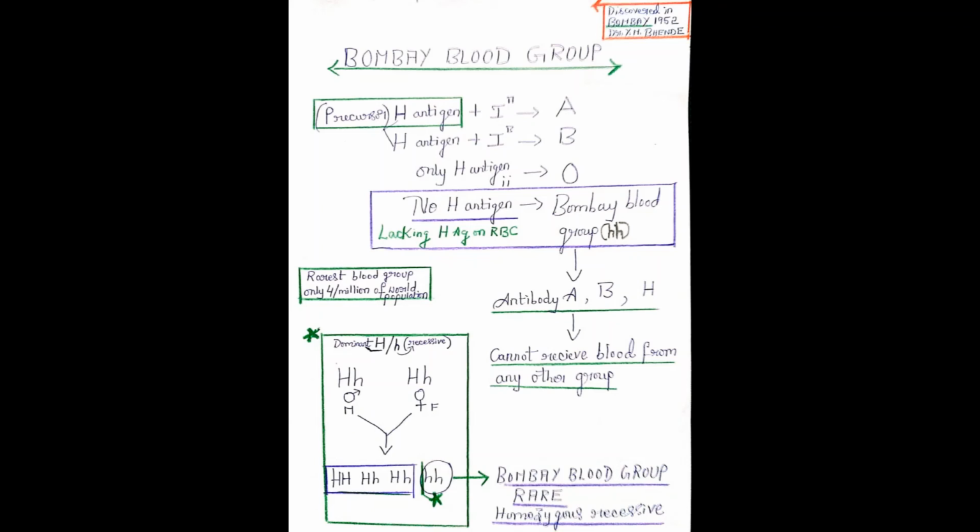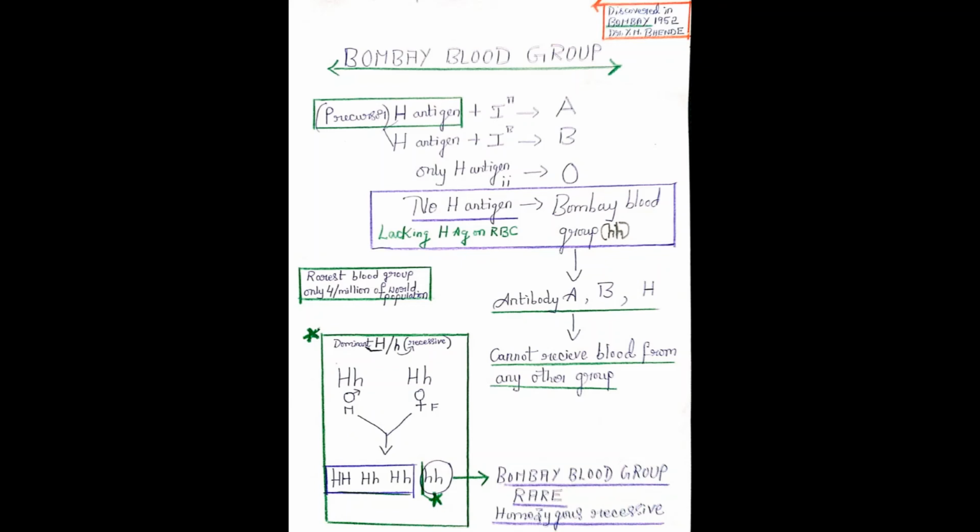That is, if it is combined with IA, then the blood group is A. With IB, blood group is B. If there are only H antigens, both are recessive and the blood group is O. But if there is no H antigen, if RBC is lacking H antigen, then it is called Bombay blood group.